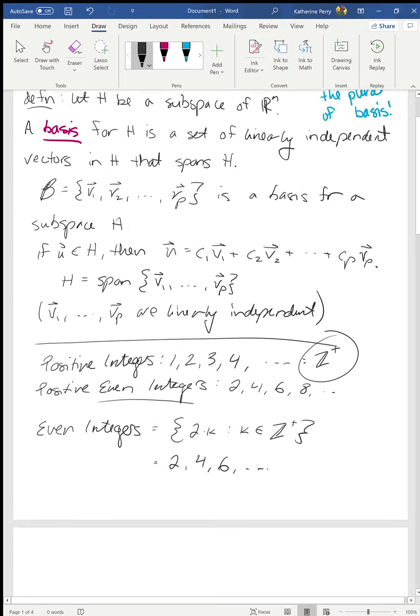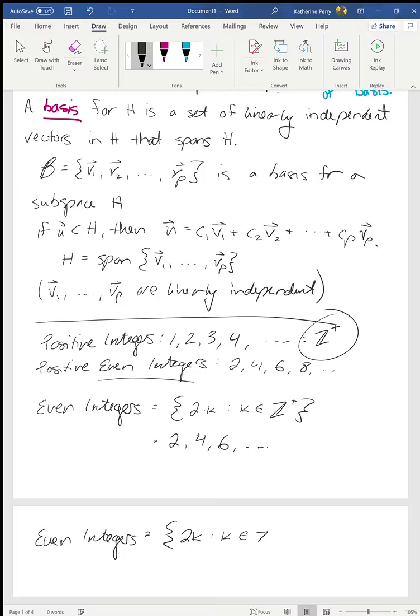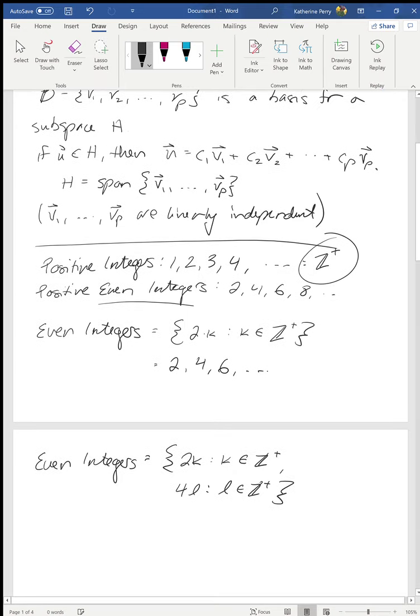But one other way to describe this, I could also say that the even integers is equal to the set 2k, such that k is in Z+, and also 4L, such that L is in Z+. So I could describe it in both ways.